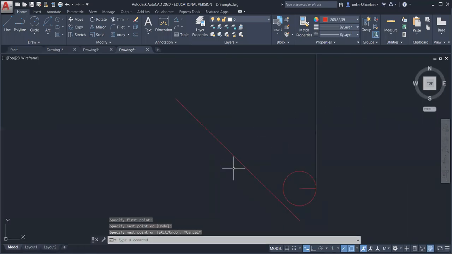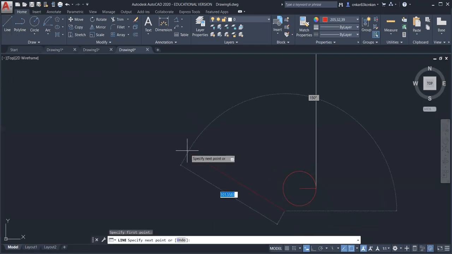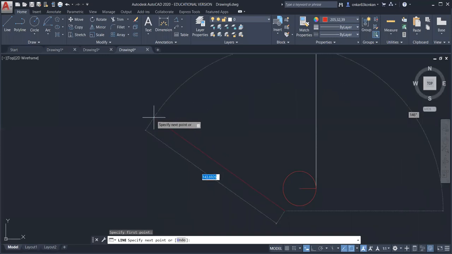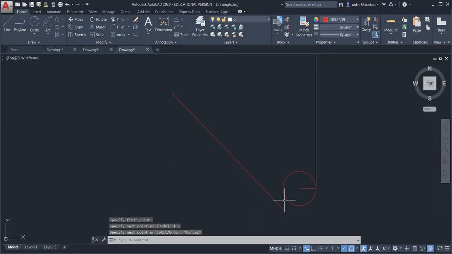You can do this tangent line method by using a mini drafter or by using a roller scale. Okay, so right now this is a 45-degree line. Now we need to make this tangent with this circle.